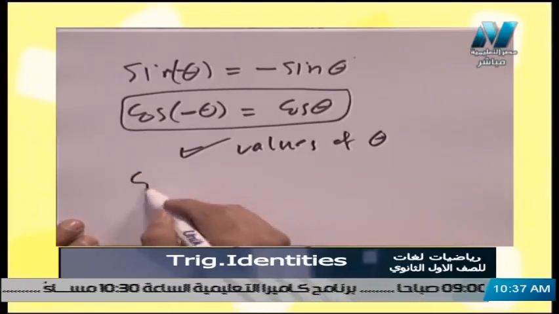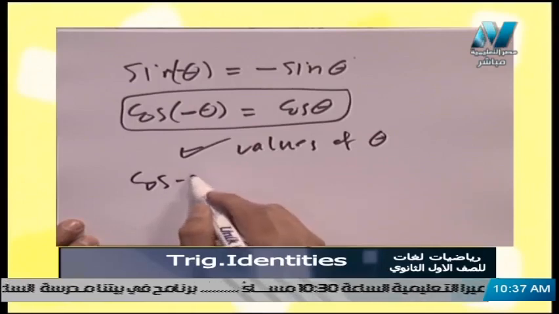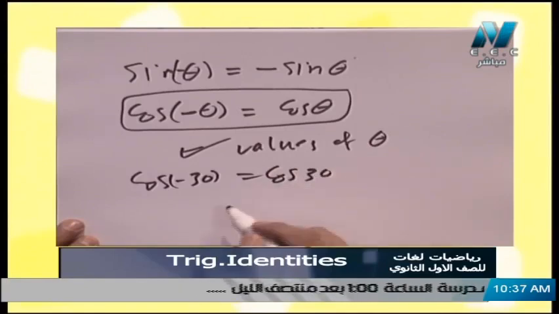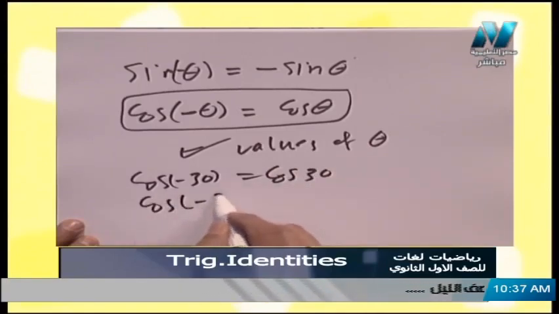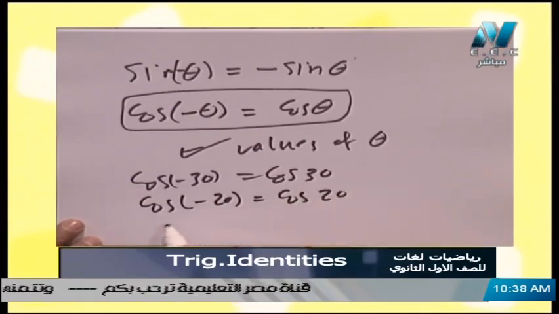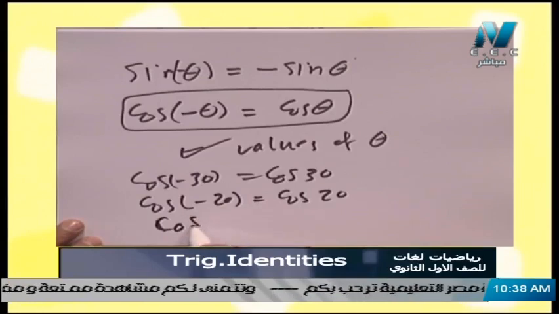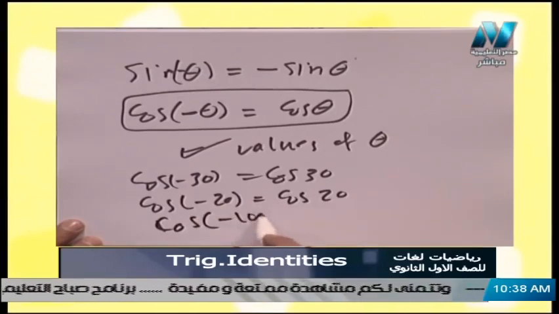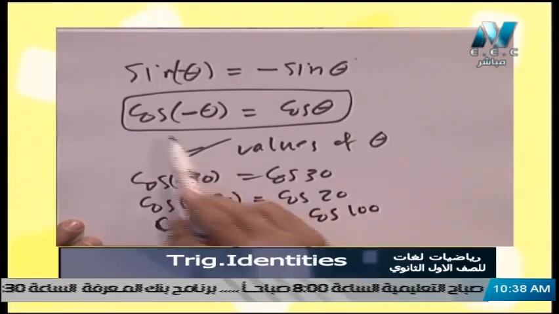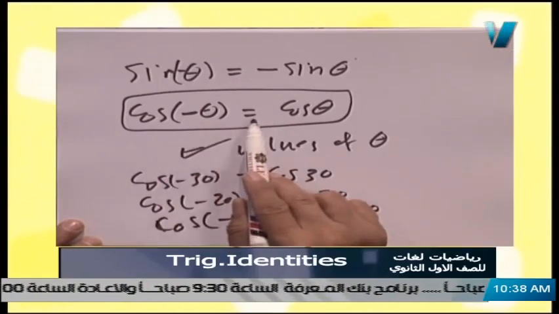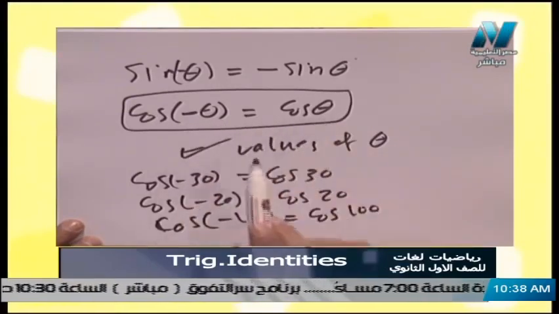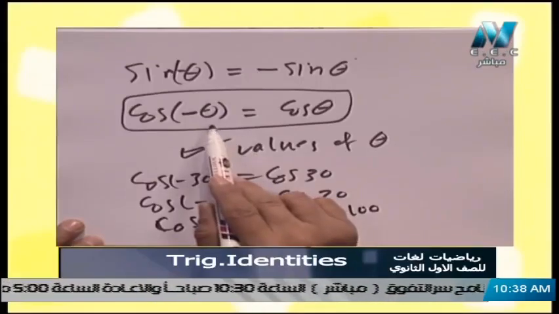That means cosine negative 30 equals cosine 30, cosine negative 20 equals cosine 20, cosine negative 100 equals cosine 100. So cosine negative theta equals cosine theta all the time, whatever theta is.